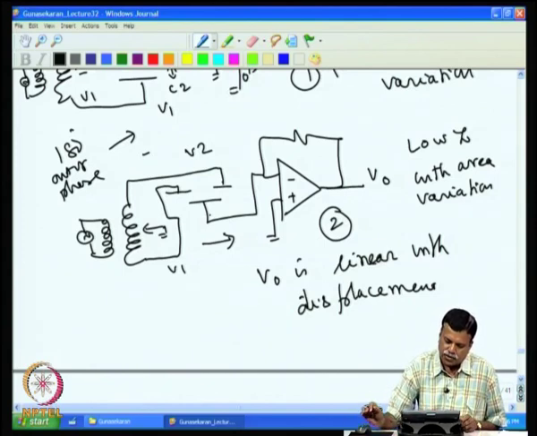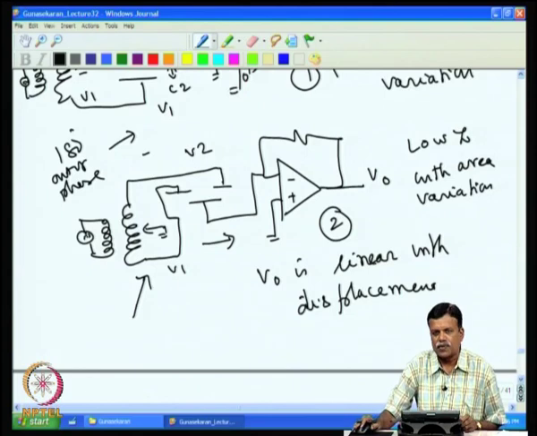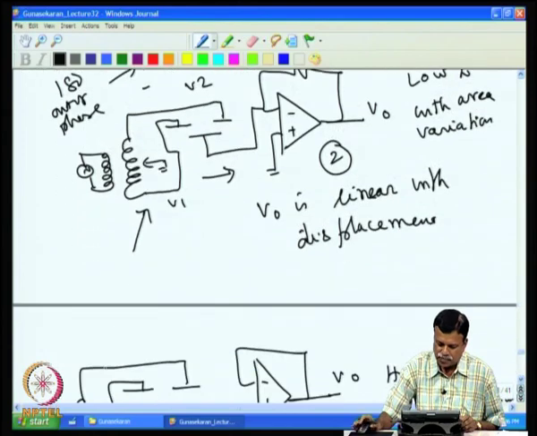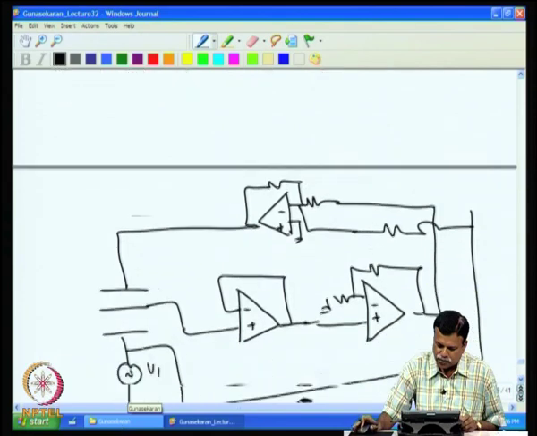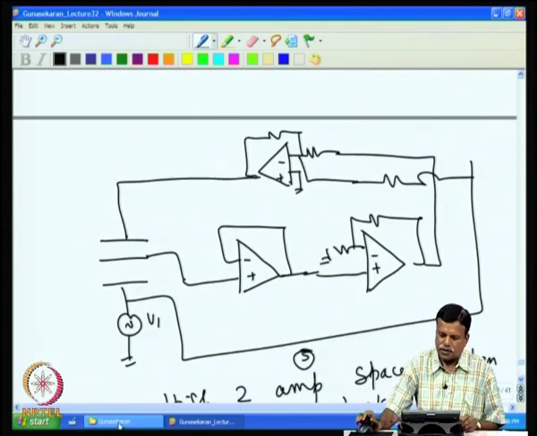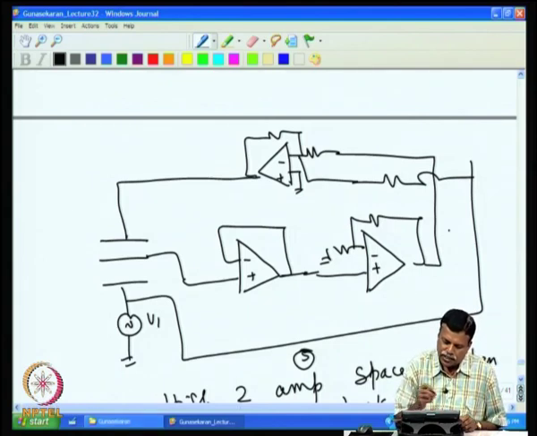Of course, it again depends upon frequency variation, because if the frequency of the source varies, then the output voltage also changes, and even if the voltage varies, then the output voltage also changes. Nevertheless, it is linear, but it is not comparable with the ratio transformer bridge. Then we had shown another circuit, that is our 5th circuit, which uses feedback, because we want to use feedback and design a circuit using the non-inverting input.